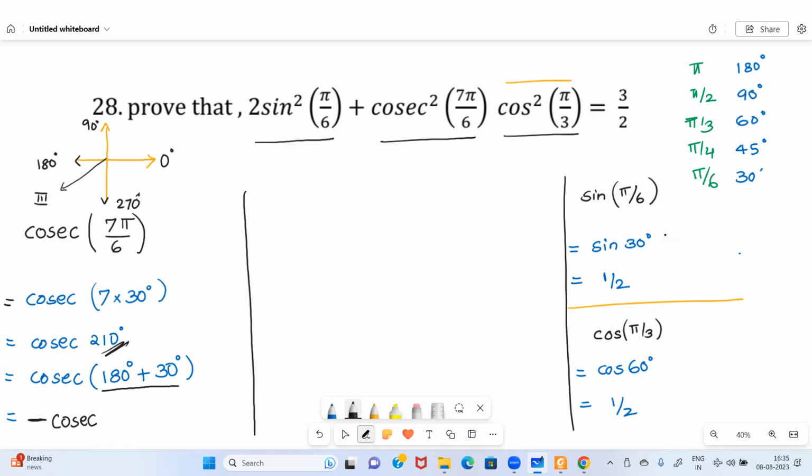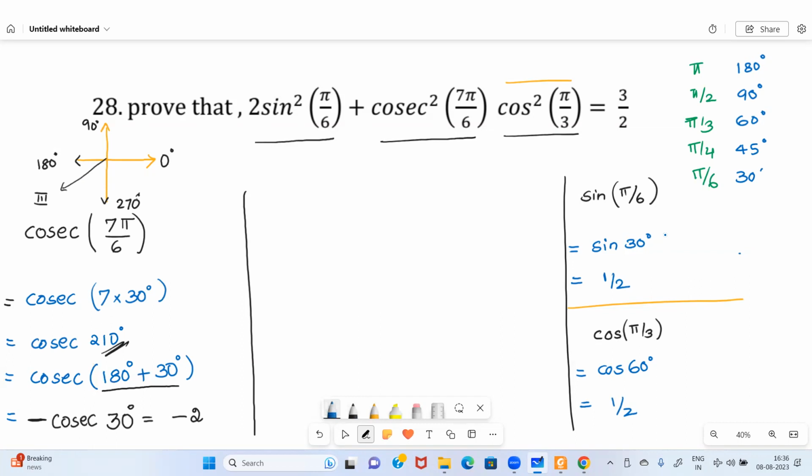Cosecant will change to secant, cot will change to tan, sine will change to cos, vice versa, right? So this will be nothing but minus cosecant of the same angle. What is there here? 30 degrees. This is important, guys. What is sine 30? 1 by 2. Cosecant 30 will be 2. So answer is minus 2. That's all. Once you got these three values, it is a simple question, students.